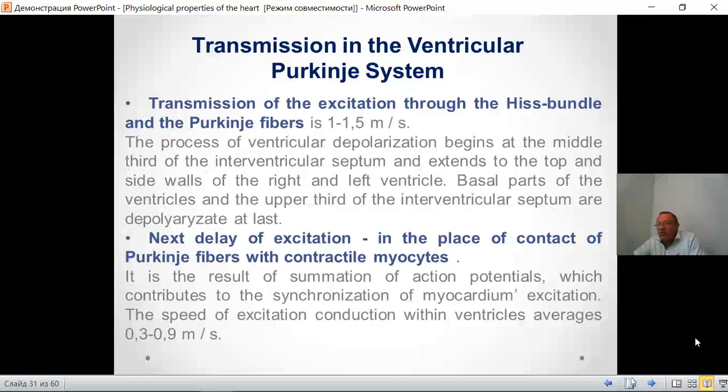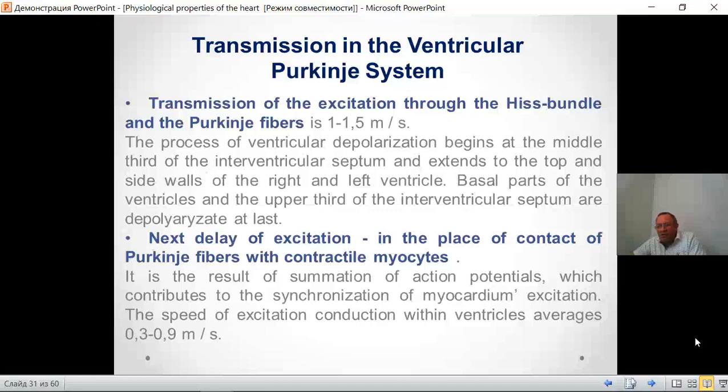The process of ventricular depolarization begins at the middle third of the interventricular septum and extends to the top and side wall of the right and left ventricle. The basal part of the ventricles and the upper third of the interventricular septum are depolarized last.